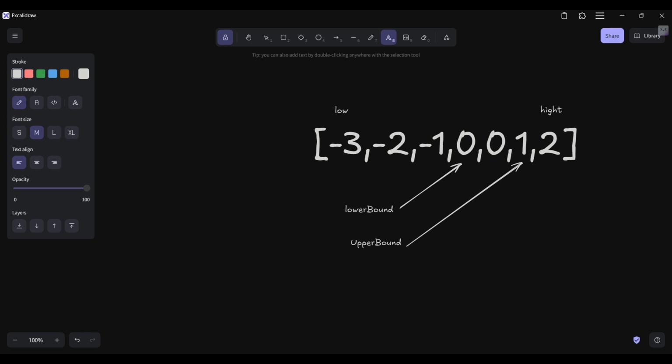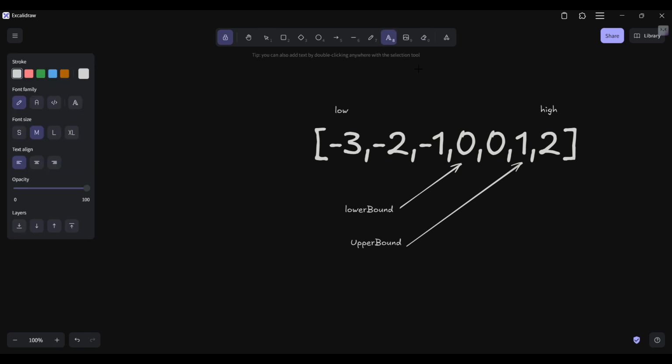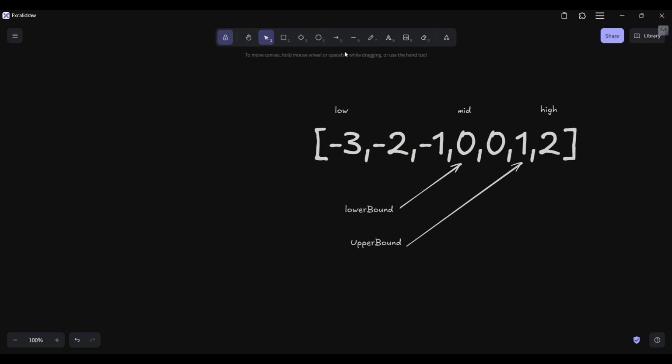We will simply take two values, low and high, and we will also calculate mid, which would be here first. Every time, for the lower bound, if mid is greater than or equals to 0, we will store that index.